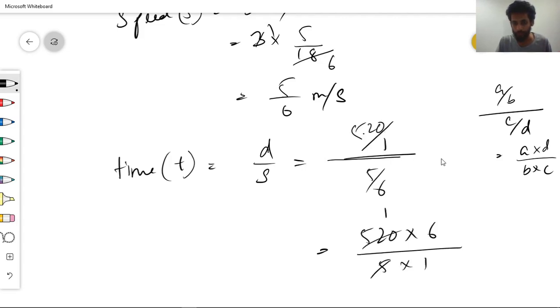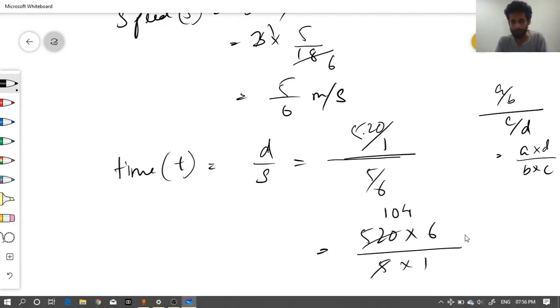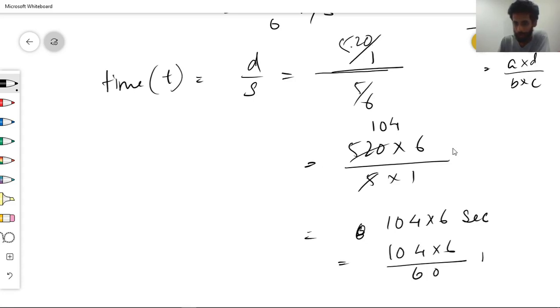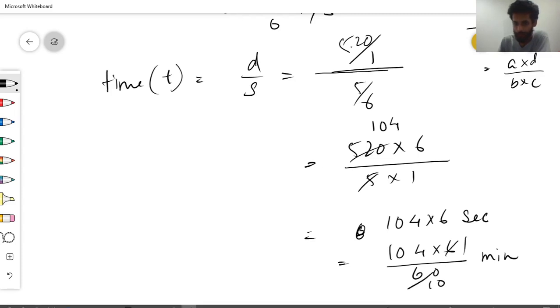520 divided by 5 is 104, multiplied by 6, this will be 624 seconds. Now I can divide it by 60 to make it minutes.